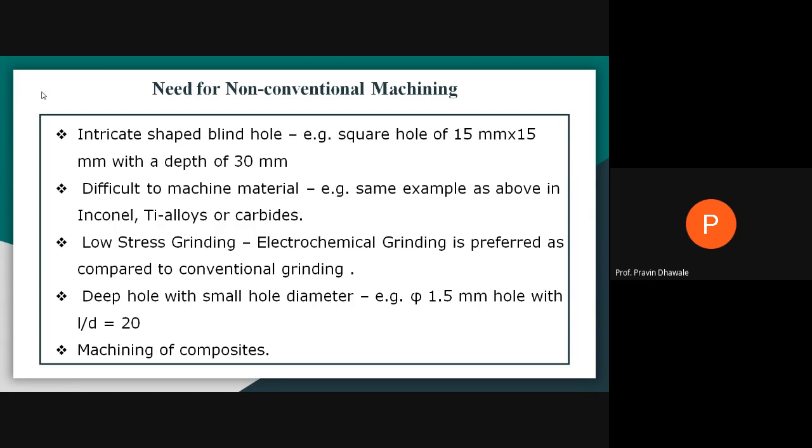We can drill a hole with a very small diameter, 1.5 mm, by using the non-conventional machining process. Also, we can machine different types of composites by using non-conventional machining.